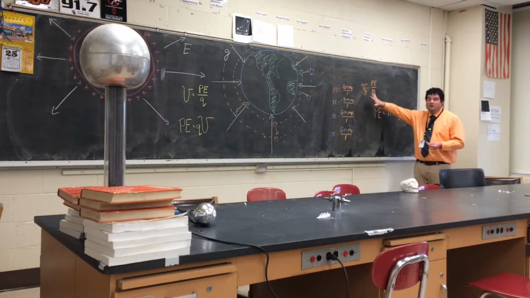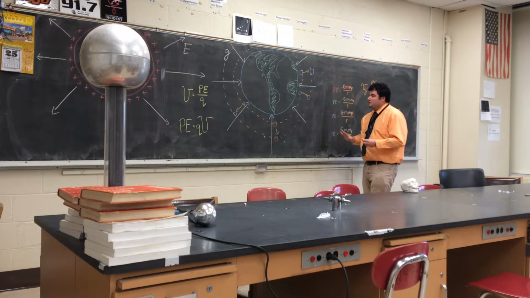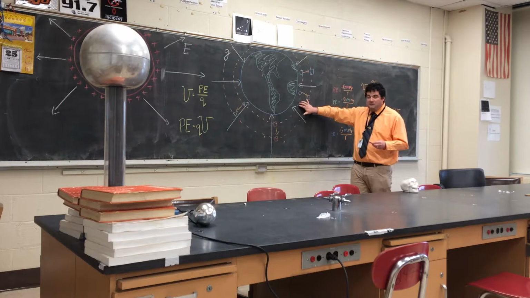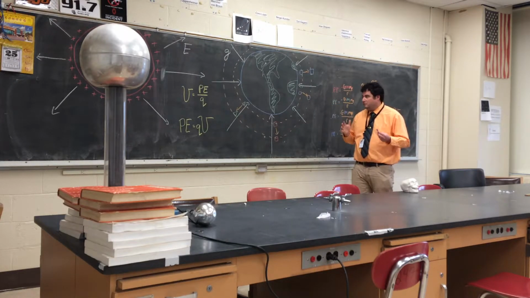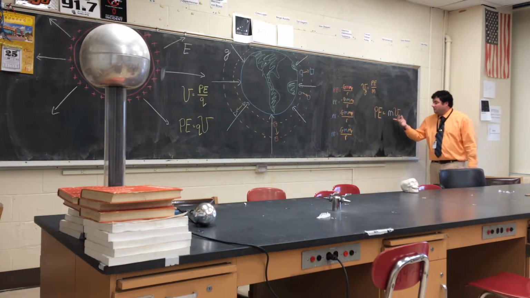But we call gravitational potential just the potential energy divided by the mass. It's the part of energy that depends on your location. And if we wanted to figure out how much energy actually transferred for each of these masses, all we would have to do is find out stuff about this location, stuff about that location, figure out the potentials, and then we would just multiply by the specific mass and we'd understand the potential energy.